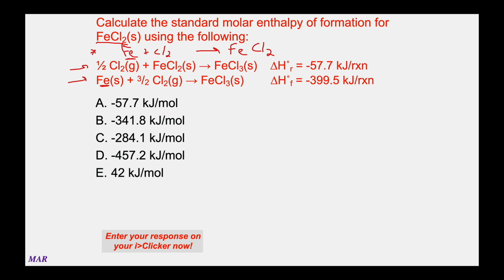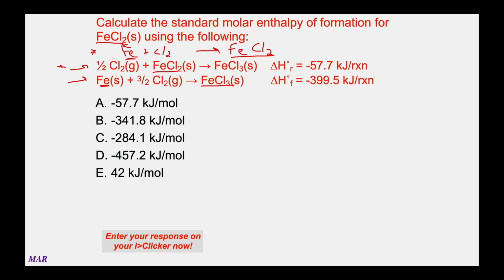So probably then we can use this equation as is. But you don't want FeCl3 as a product, you want FeCl2. And the top equation, or the first equation right there, has FeCl2, but it's a reactant. We want to have FeCl2 as a product.